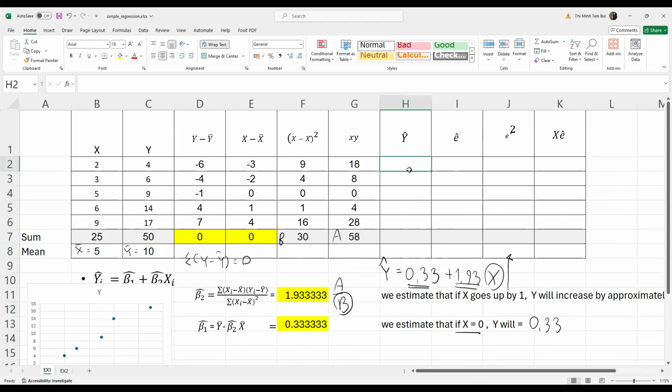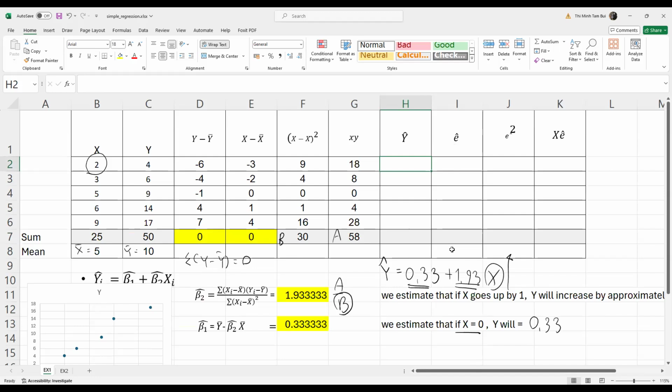You put X in this equation. For example, here Y hat equals 1.33 plus 1.93 multiplied by 2.